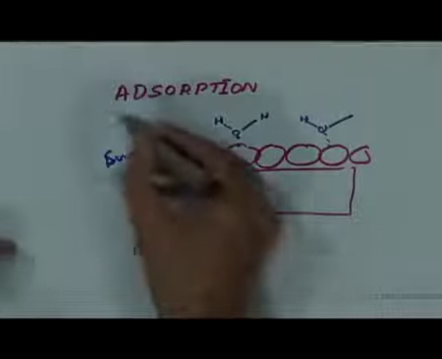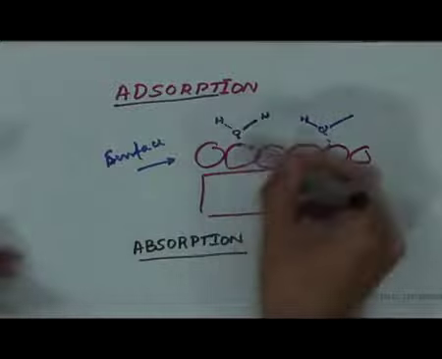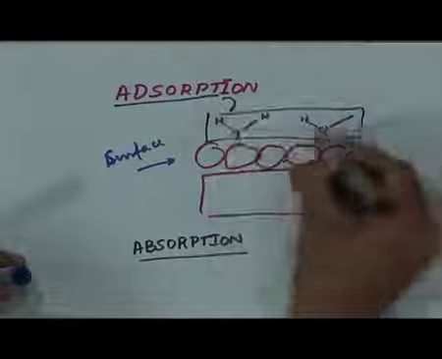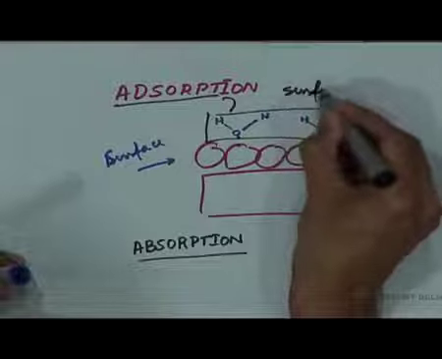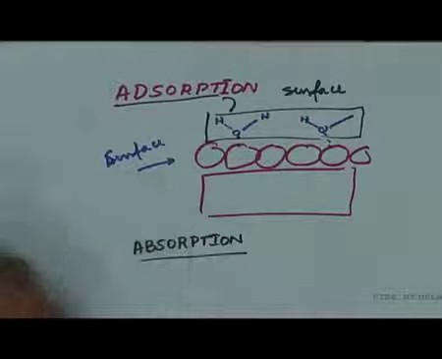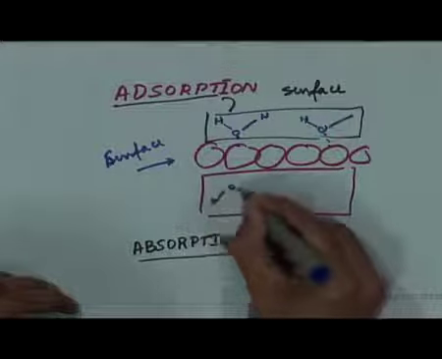The difference between adsorption and absorption is that adsorption happens on the surface. It is a surface phenomenon, whereas in absorption the particles will go and sit inside. So, water will go and sit inside.